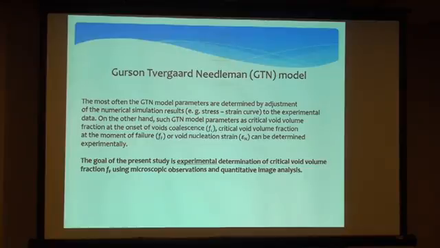Of course, the problem of parameters identification is not new. Many other authors did it before, but the basic rule is that they choose the parameters in order to provide convergence of experimental and numerical results. And that's the only one criterion. They didn't pay attention to the microstructural phenomena described by the model.